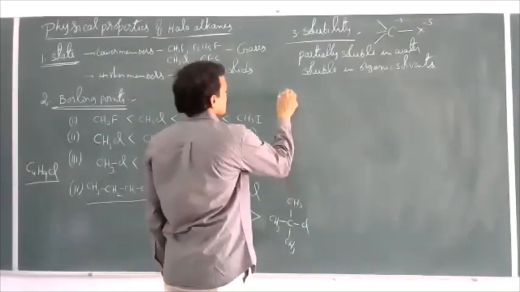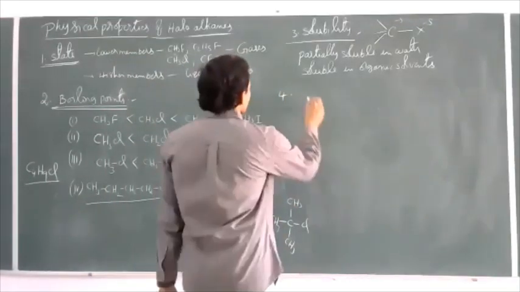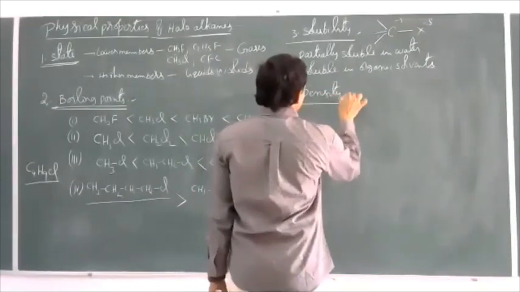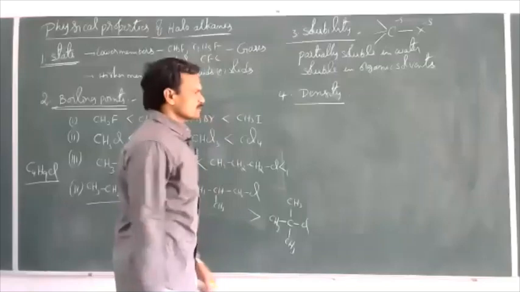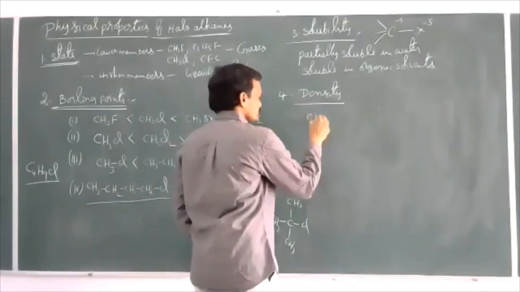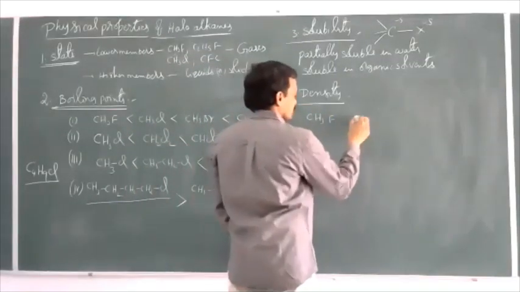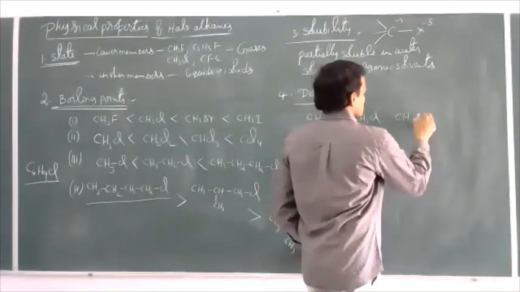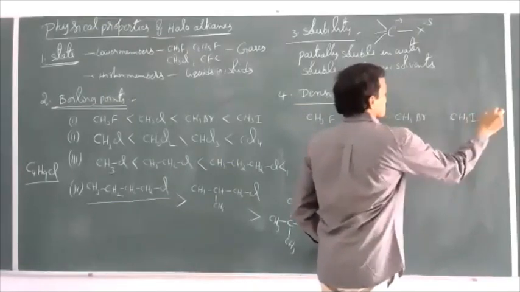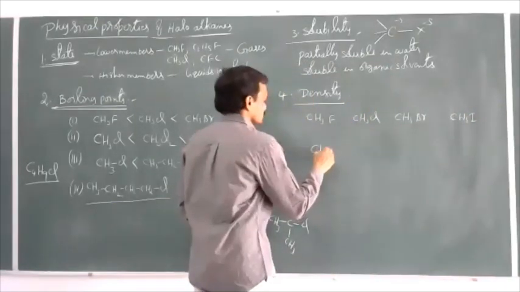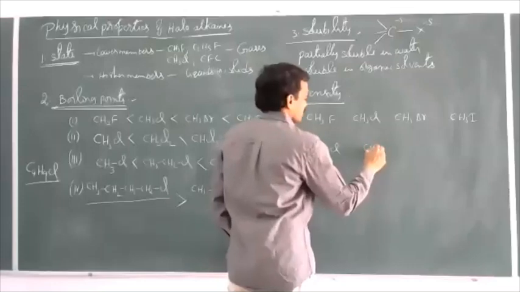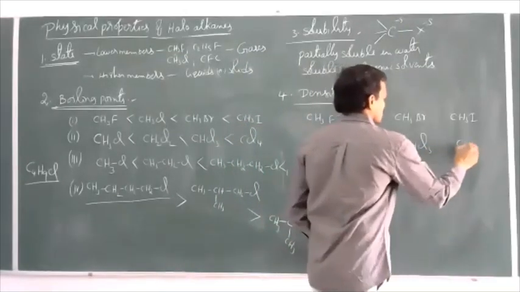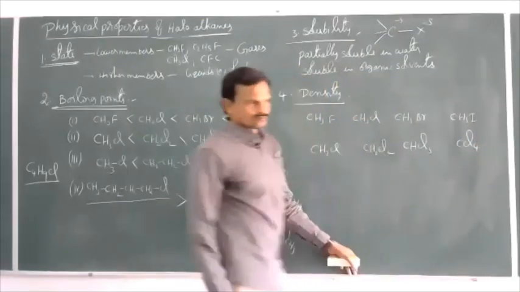Next, density. CH3F, CH3Cl, CH3Br, CH3I, and CH3Cl, CH2Cl2, CHCl3, CCl4.